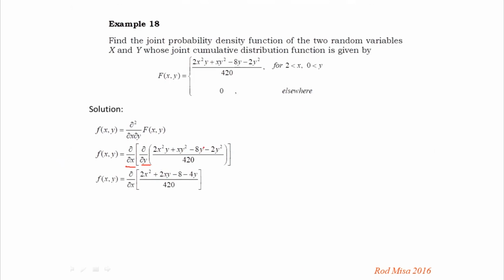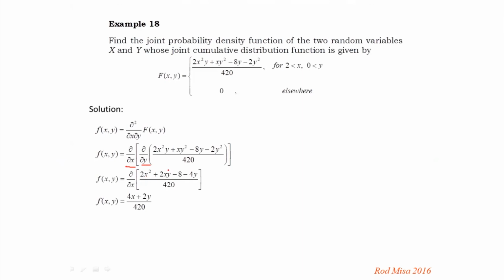And then the derivative of negative 8y with respect to y is negative 8 here. And then the derivative of negative 2y squared with respect to y is negative 4y using the power rule in differentiation. And this is divided by the constant 420. And then differentiating this result with respect to x, we have 4x as the derivative of 2x squared.